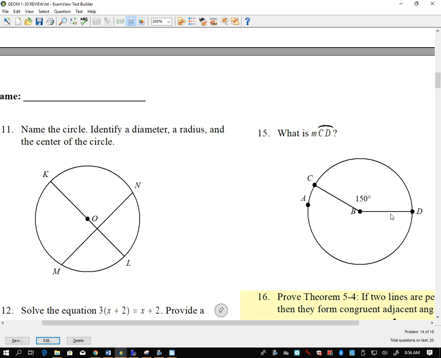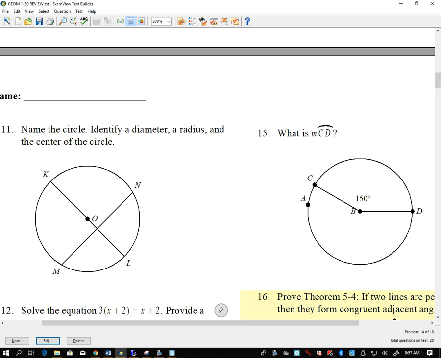So arc CD is 150 degrees. Central angle and intercepted arc are always the same degrees. All right, number 19 on the test is pretty much the exact same question as number 6 on the test. So if you remember what I said about number 6, apply that same thing to number 19.